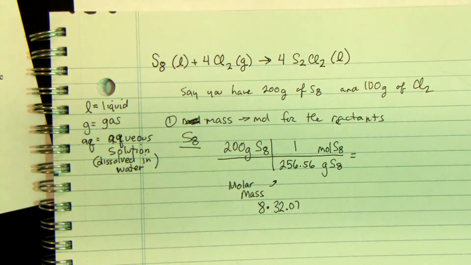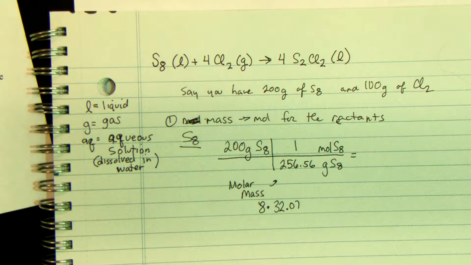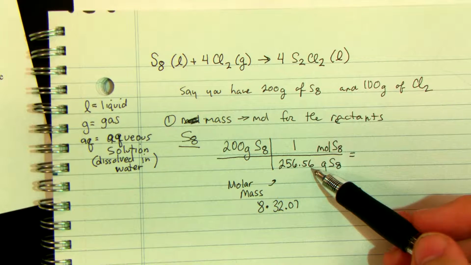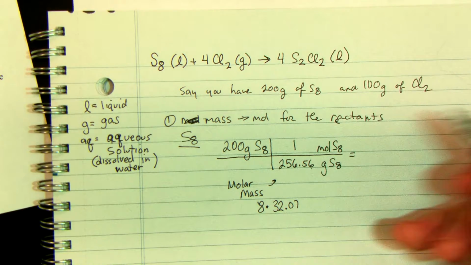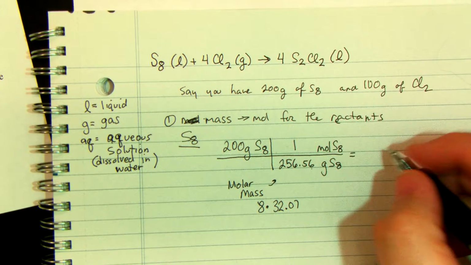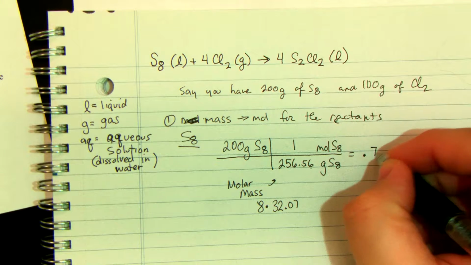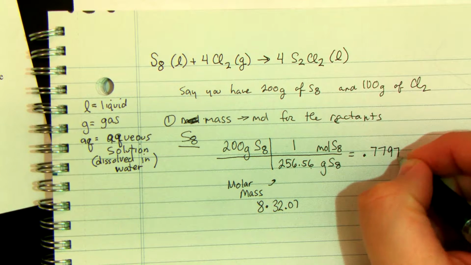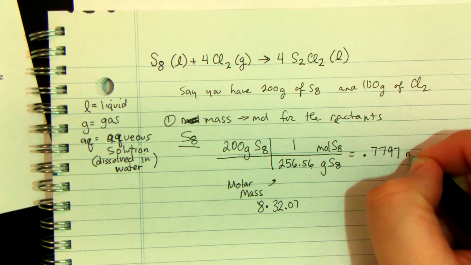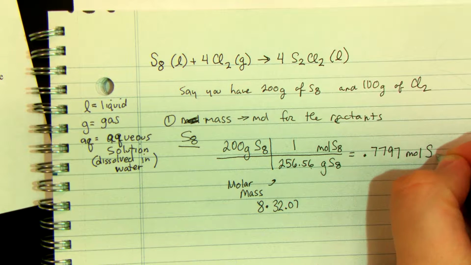All right. Now, my question to you, ladies and gentlemen, is what do we do here with the 200 and the 256? Divide. So we divide these two numbers, and to make life simple for us, we'll get 77.97 moles of S8.